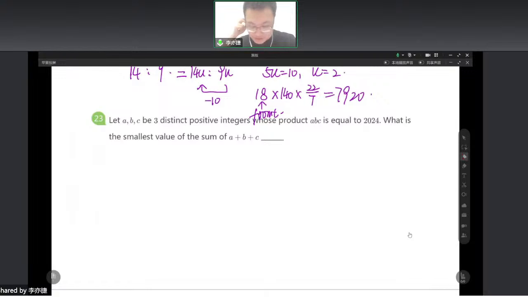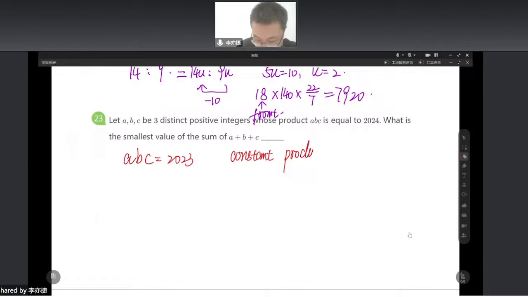Find the smallest value of the sum A plus B plus C. There is a logic: if several numbers have a constant product, the smaller the difference, the smaller the sum. So to make the sum the smallest, we should make these numbers as close as possible, right?